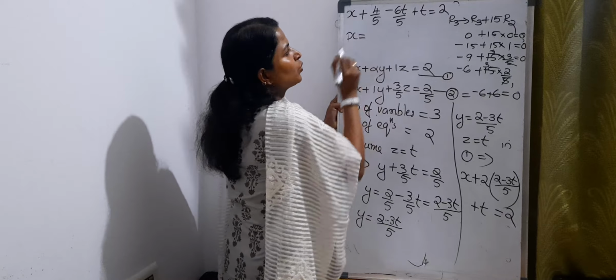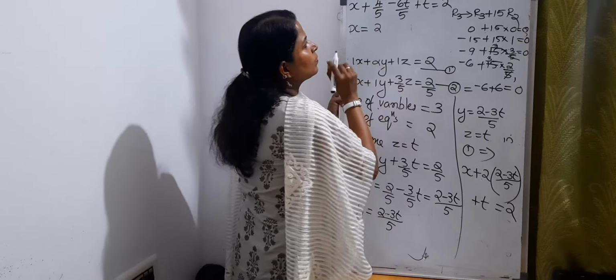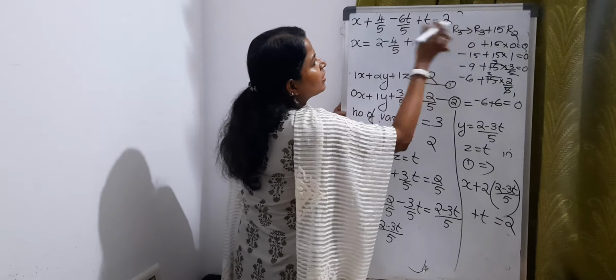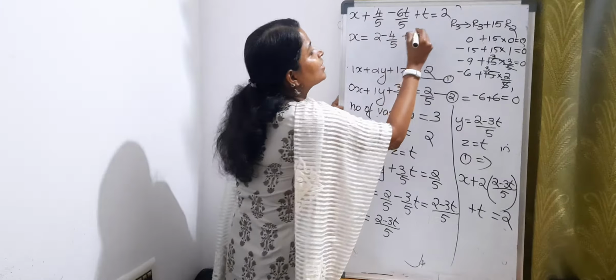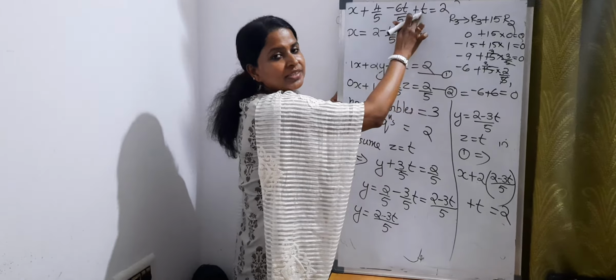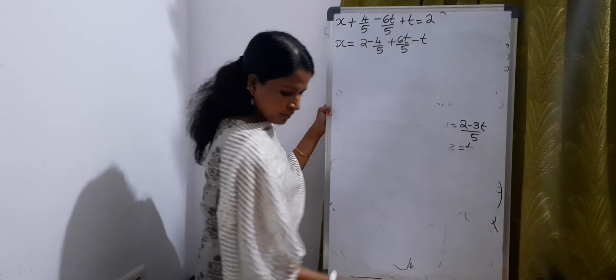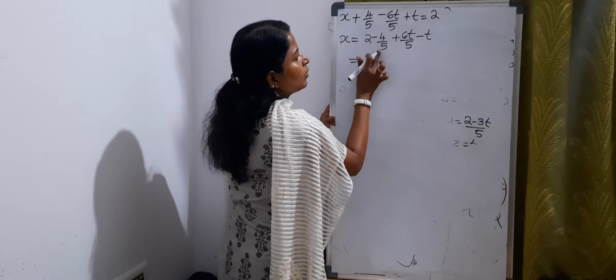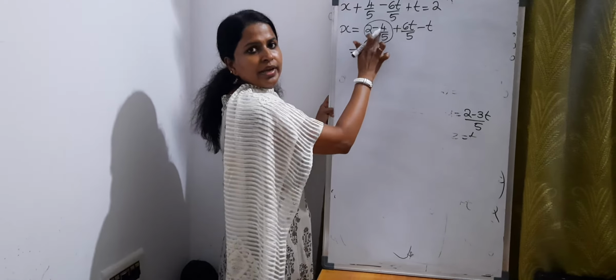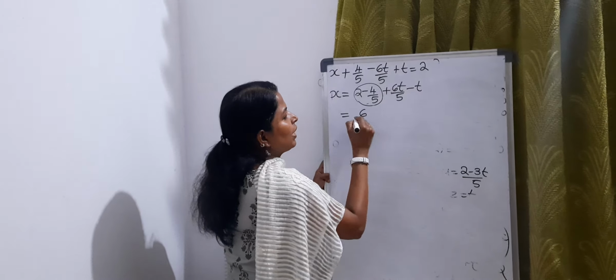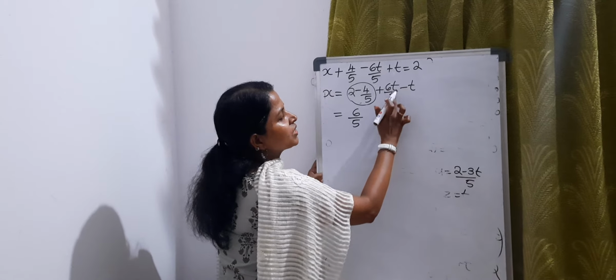That is x equal to, listen, here 2, then minus 4 by 5, plus 6t by 5 to the right side, then minus t to the right side. x equal to, solve the constant part, 2 minus 4 by 5: 10 minus 4 by 5, 6 by 5, and here 6t by 5 minus t.